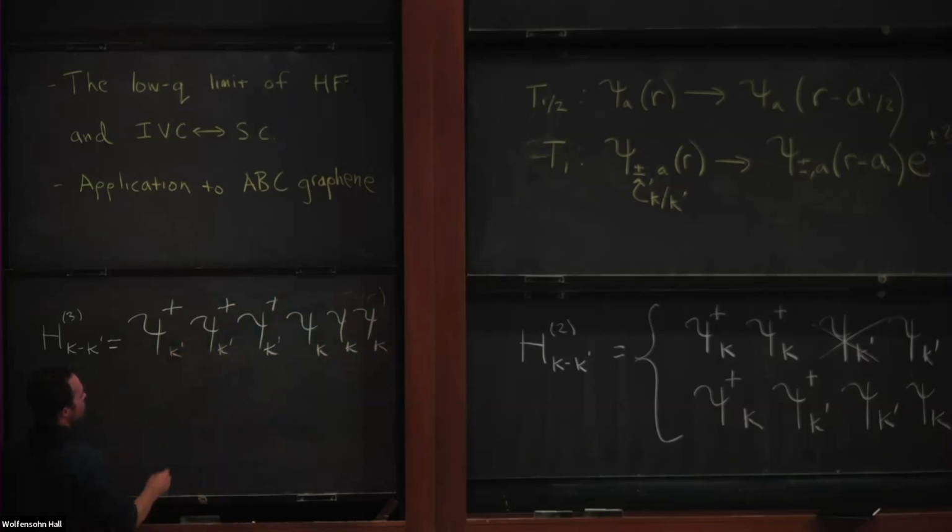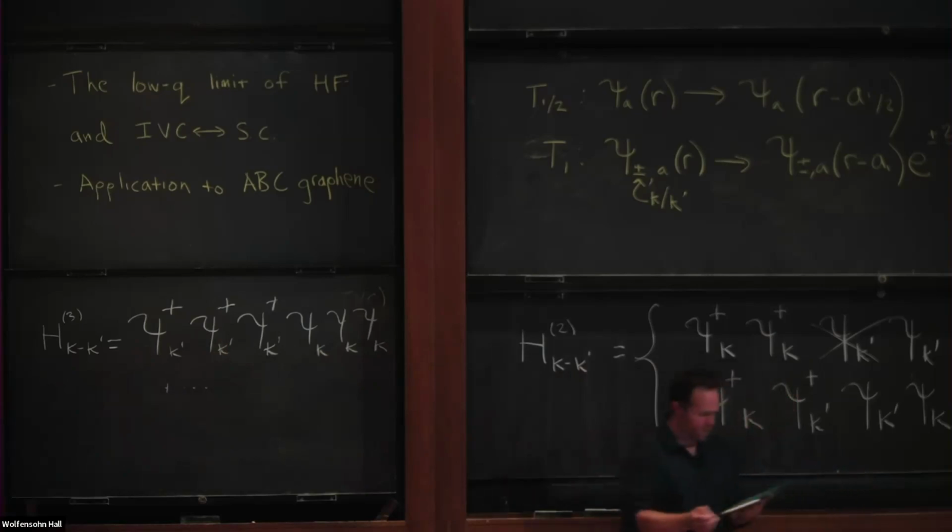A term of that form. Now, in this case, because these fields all carry 2 pi over 3 under T1 and T2, but they all come with 3 of them, this is not going to have any net momentum. So this is symmetry allowed. So this sort of term has been analyzed, and what its magnitude would be, by Alicea et al. Let me just give the reference.